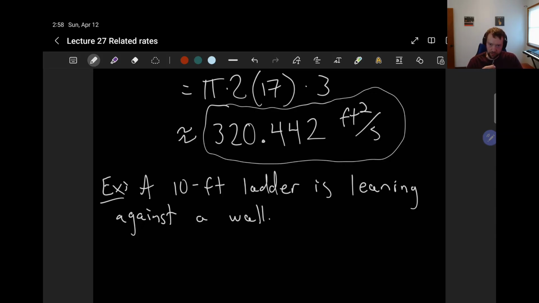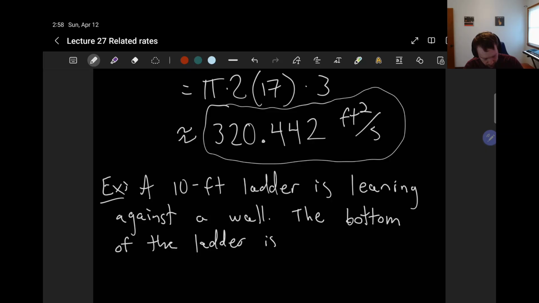The base of the ladder is sliding away from the wall, and that means also the top of the ladder is sliding down. We'll say the bottom of the ladder is 6 feet away from the wall.